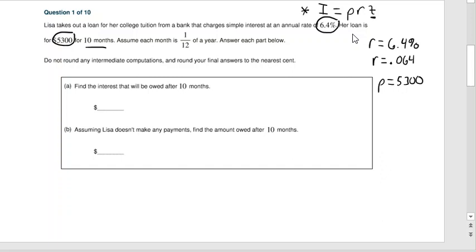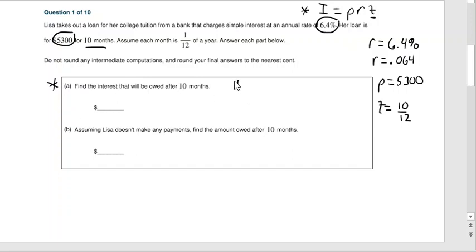So if the time is 10 months, that means our T is going to be 10 months out of the 12 months. Now we're ready to plug into our formula to figure out the interest that will be owed after 10 months.